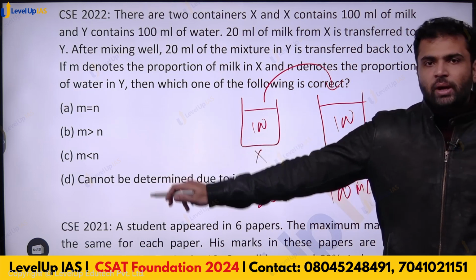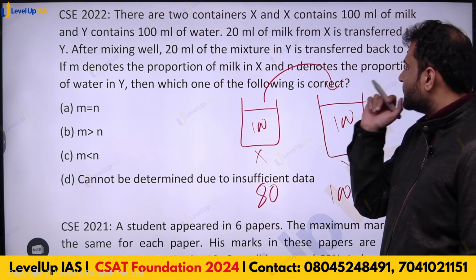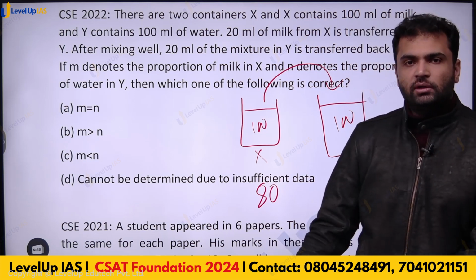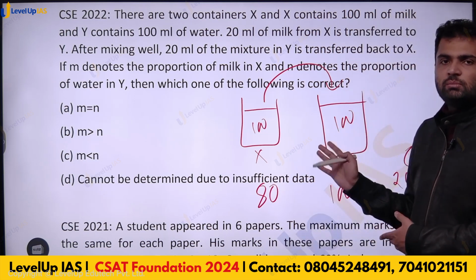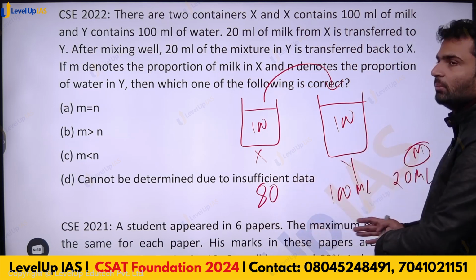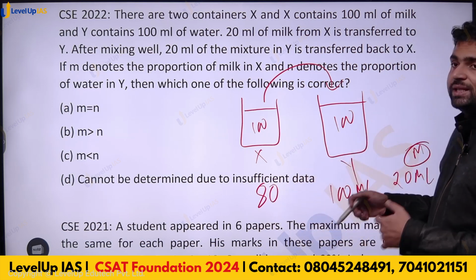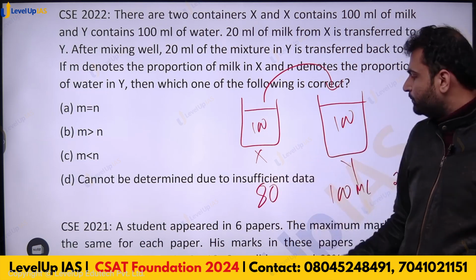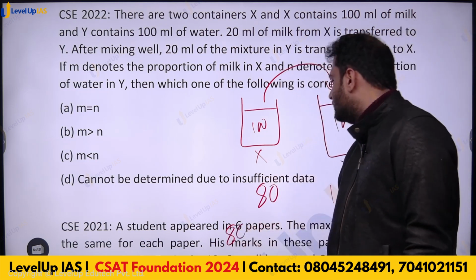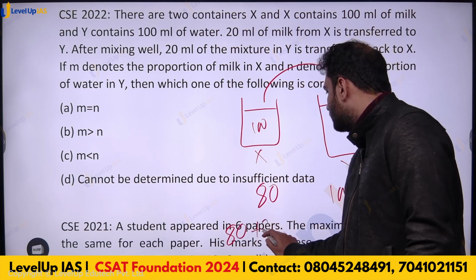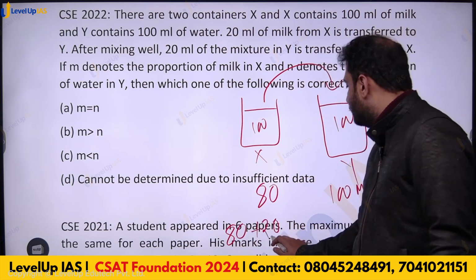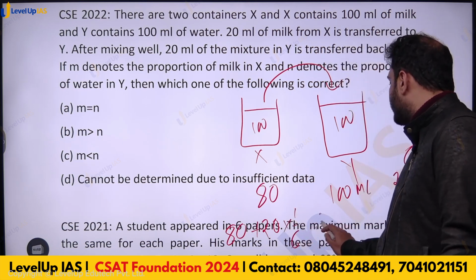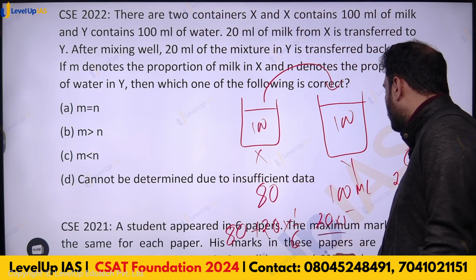Out of this mixture, 20 ml is transferred back to container X. Now, in this 20 ml, how much is milk and how much is water? Because the mixture is mixed well, in 120 ml we have 20 ml of milk, so 1/6 of the mixture is milk. So here 80 ml milk is already there, plus in the additional 20 ml we have 20 into 1/6 as milk, and the rest, 20 into 5/6, as water.